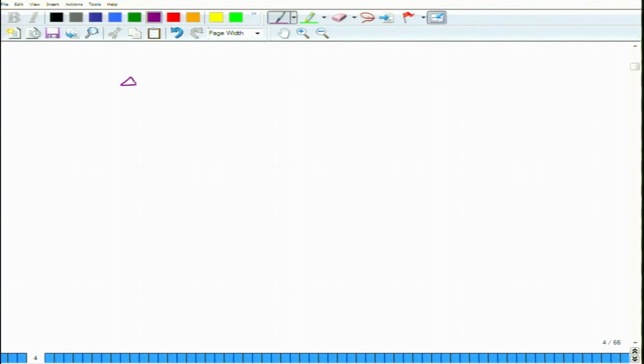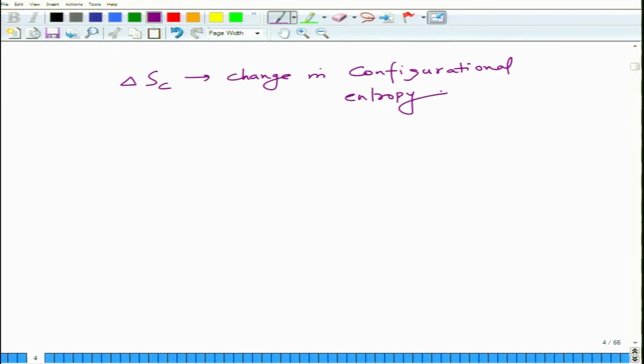This delta SC is the change in entropy, and this is positive in nature, as we will see.